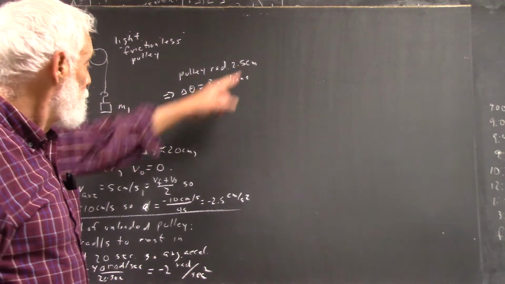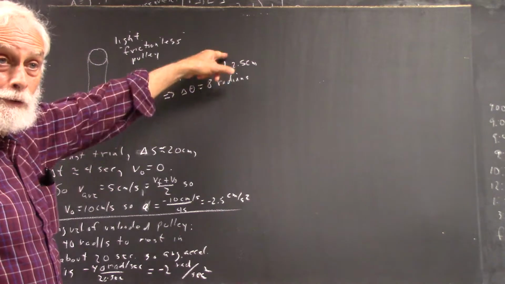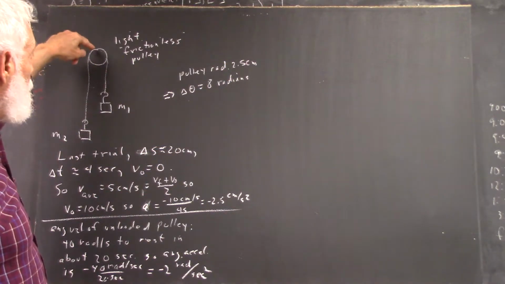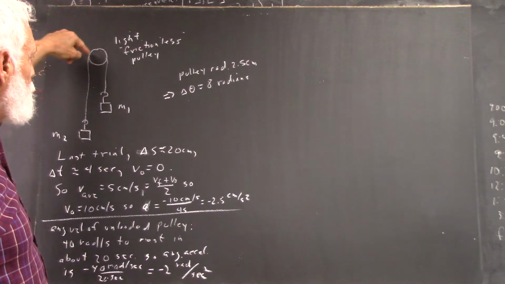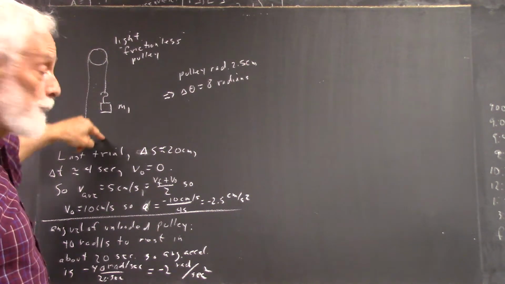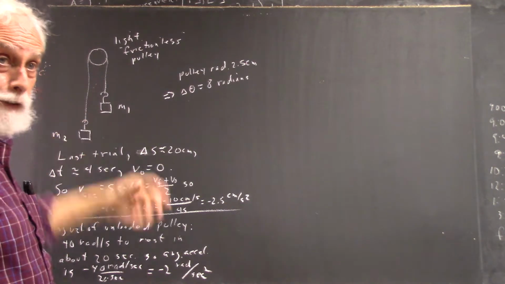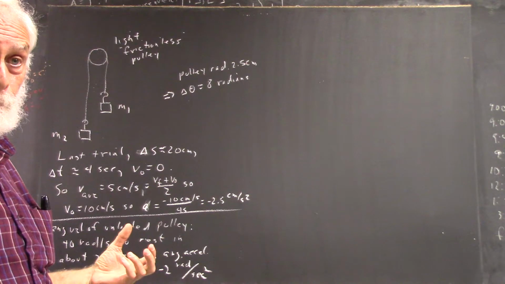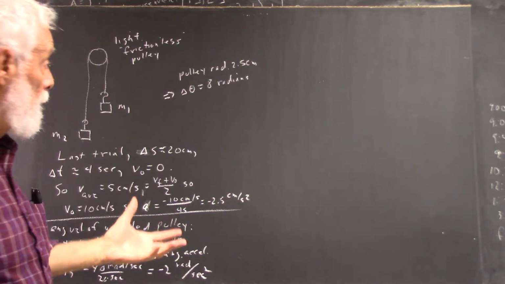Because 8 of these makes this. 8 times the radius is 20 centimeters, and you know a point on the rim had to move through 20 centimeters in order for this thing to drop 20 centimeters. Unless that string's slipping somehow, and it's not. Okay? That makes sense? And that's what a radian is.